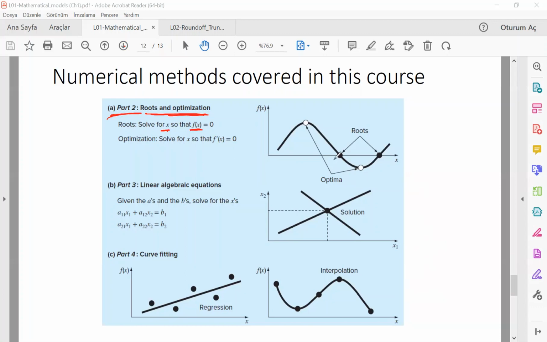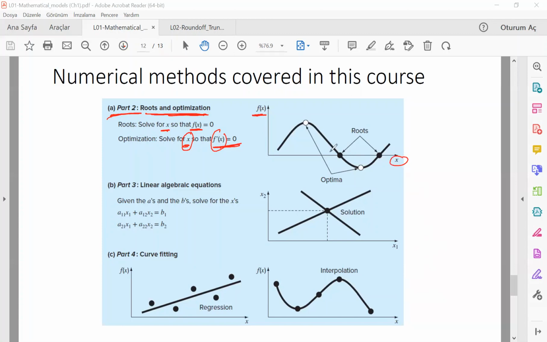On the right-hand side, you can see this. Optimization is about calculating or estimating x values such that the derivative of the function becomes zero. So on the right-hand side, you can see a smoothly varying function, f of x, with x.